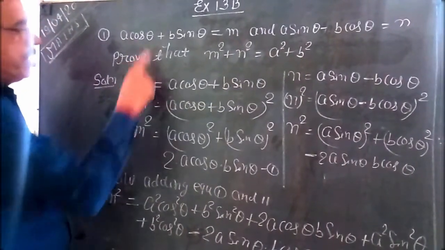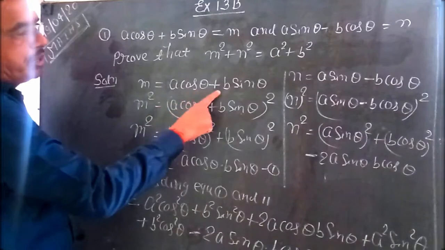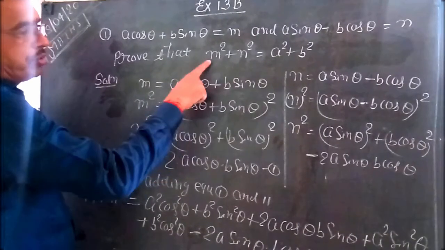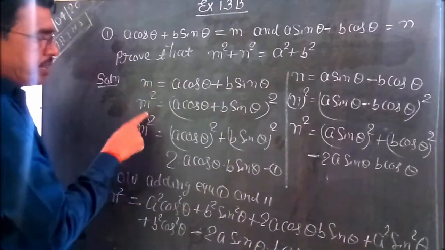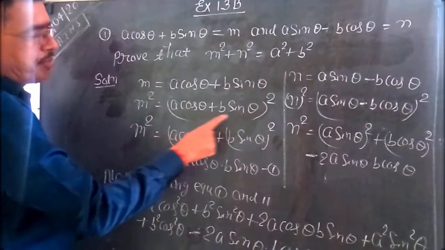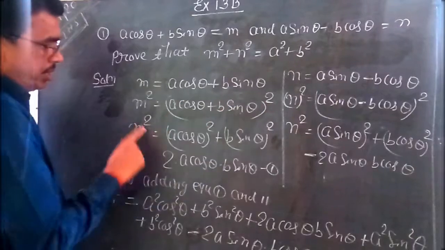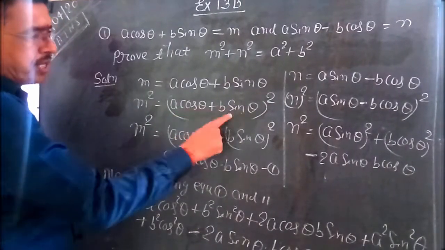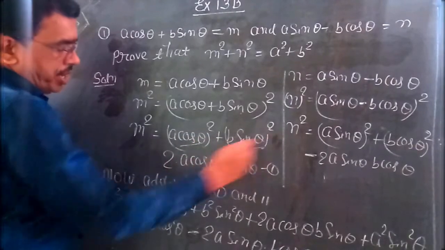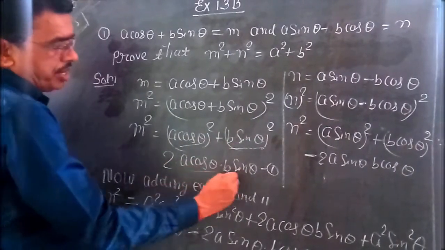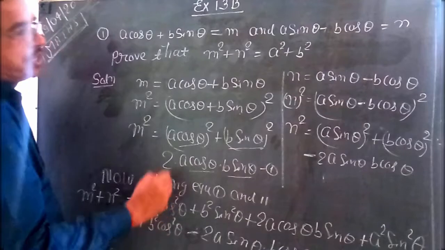First to write, m is given a cos theta plus b sin theta. Your question is m square, so first we are squaring both sides. Then it is m square and it is a cos theta plus b sin theta whole square. It is a plus b whole square, so write a square, b square, 2 into a into b. It is equation first.